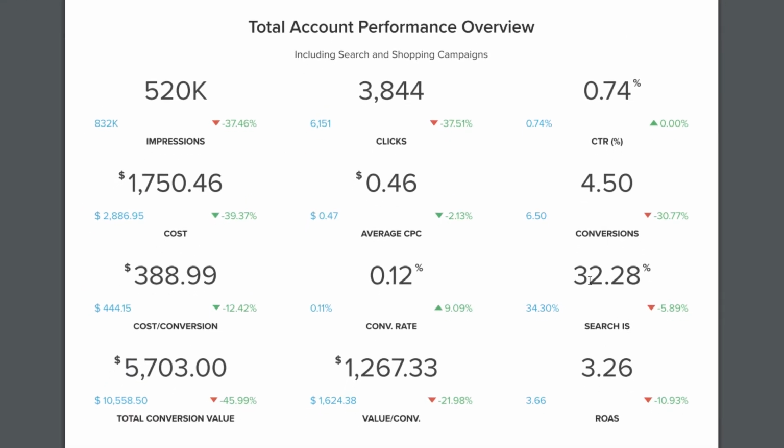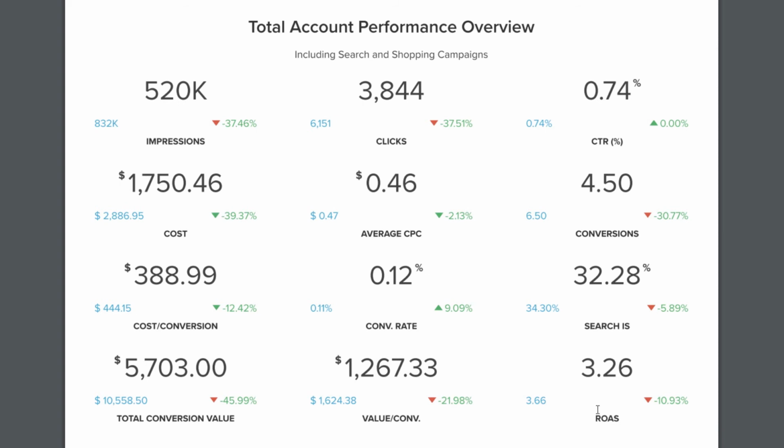Here's another client that is an e-commerce seller of coffee grinders, espresso machines, that kind of stuff. Last period, they had $5,700 returned on $1,750 spent. That is a 3.26 ROAS. Last month, they had 3.66. That's pretty solid.